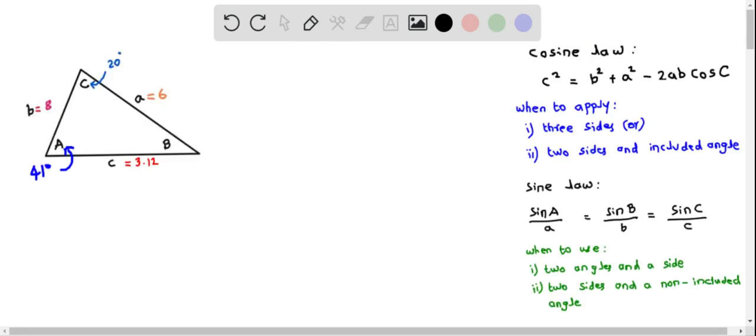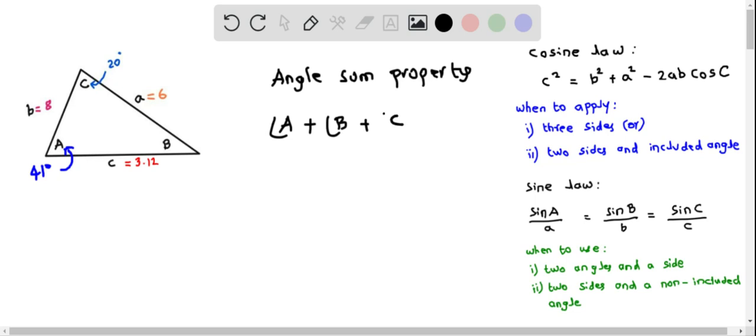Now the only unknown in this triangle is angle B. We can determine angle B using the angle sum property of a triangle. This says that the sum of all the three angles in a triangle equals 180 degrees. That is angle A plus angle B plus angle C equals 180 degrees.